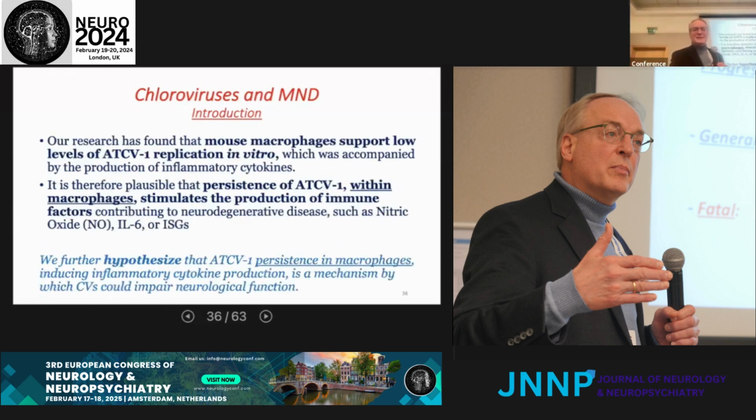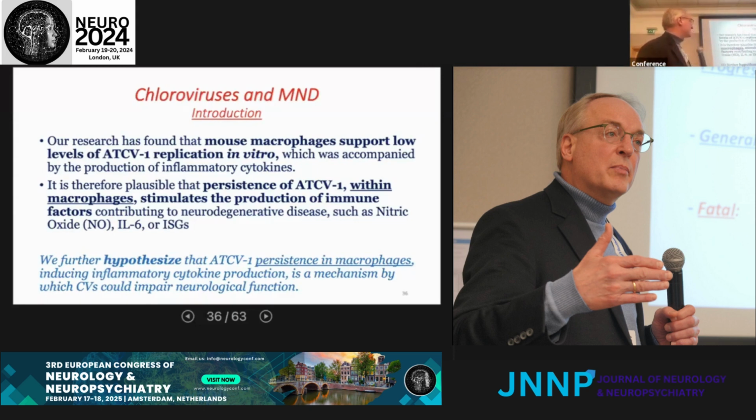So we decided to do some research, and our research has found that mouse macrophages support low levels of ATCV-1 replication in vitro. This also was accompanied by production of inflammatory cytokines. Therefore, it's plausible that persistence of the chlorovirus within the macrophage stimulates the production of immune factors contributing to neurodegenerative diseases, such as nitric oxide, interleukin-6, interferon-stimulated genes, almost serving as a Trojan horse, carrying these inflammatory mechanisms throughout the body, potentially through the blood-brain barrier.